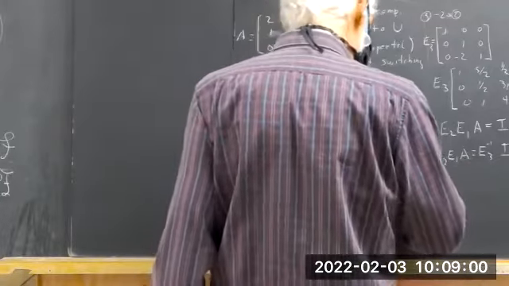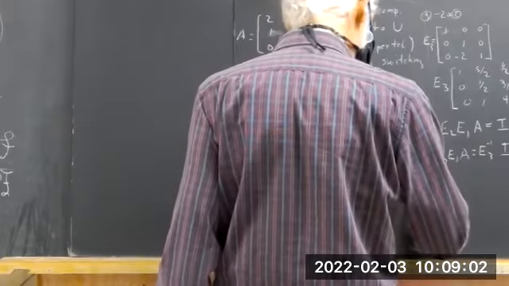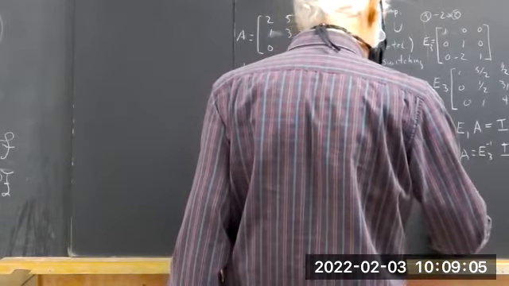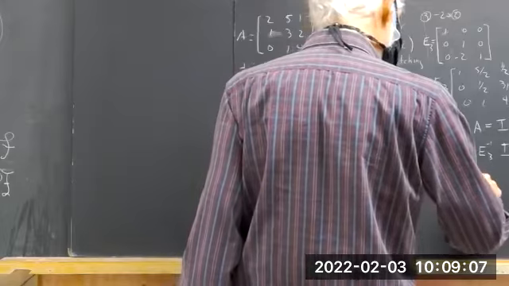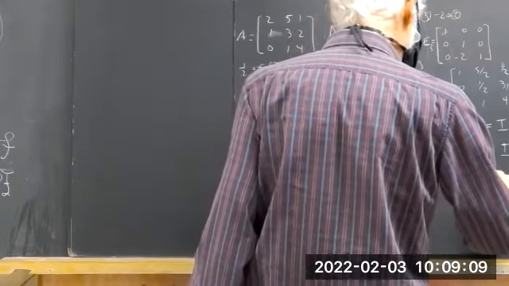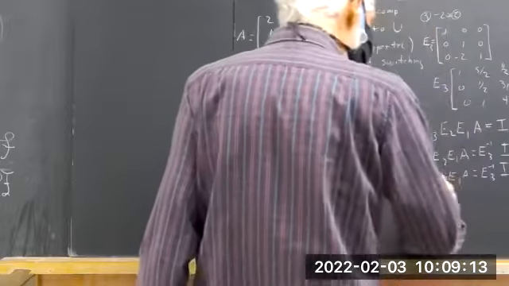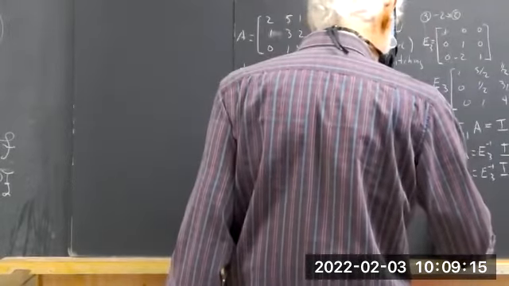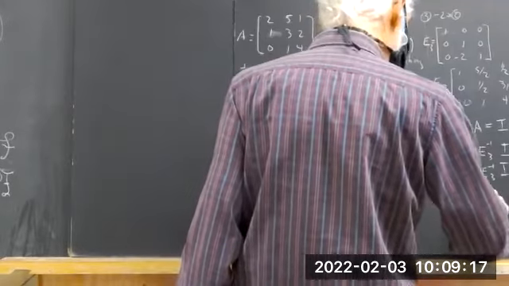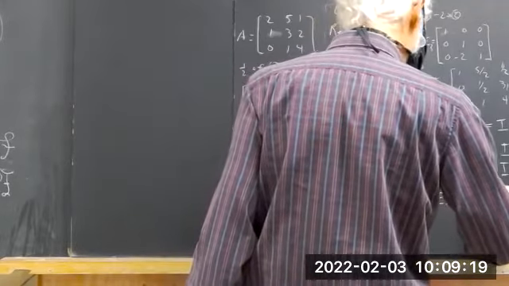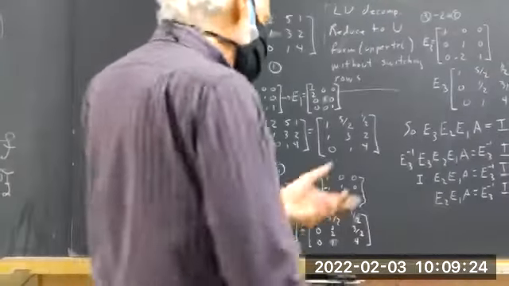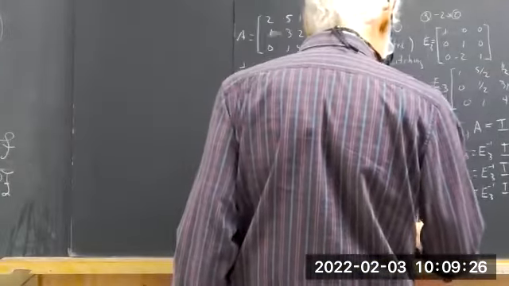Well, this is just then I times E2 E1 A equals E3 inverse times your identity. Then we multiply by E2 inverse.